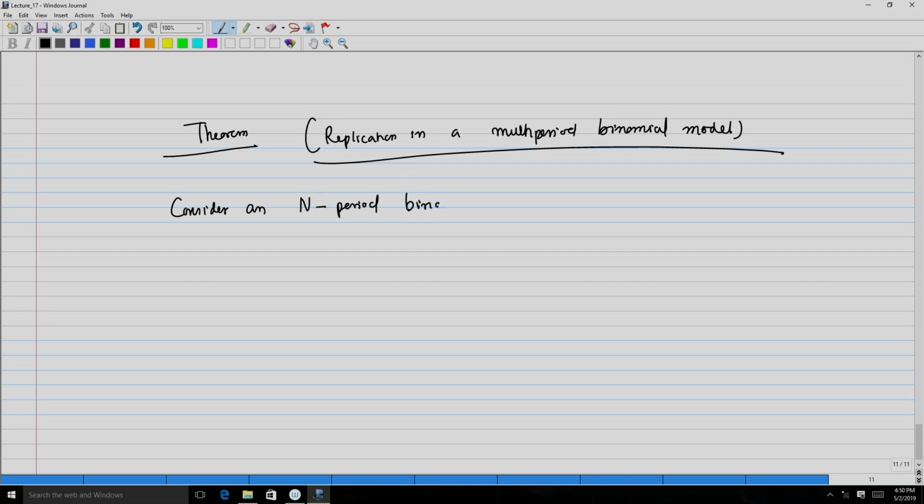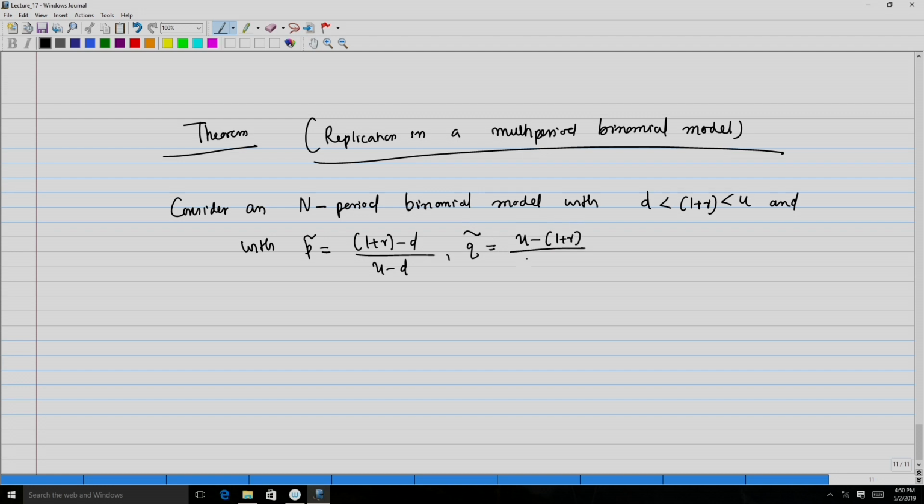So, we consider the n period binomial model with parameters d, u and r satisfying this no arbitrage condition, and with p tilde as already defined being 1 plus r minus d divided by u minus d, and q tilde, you would recall, is defined as u minus 1 plus r divided by u minus d.